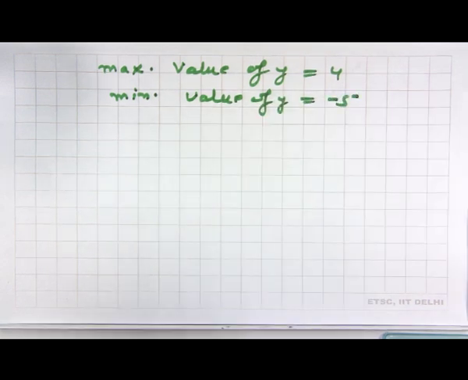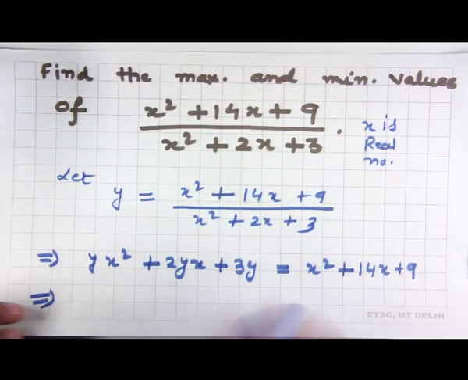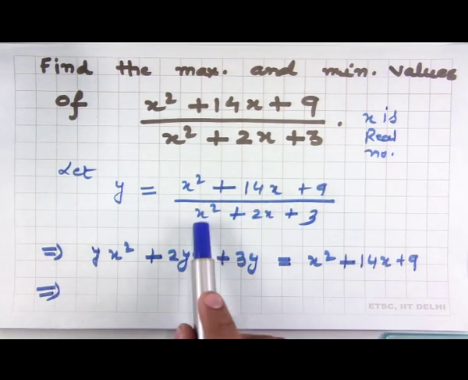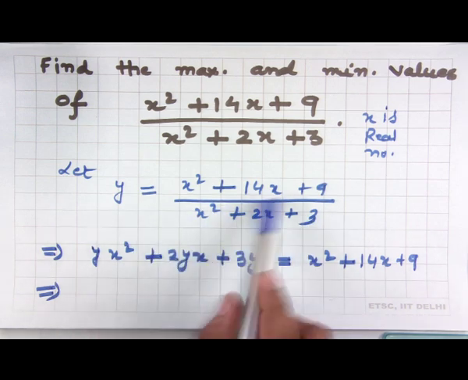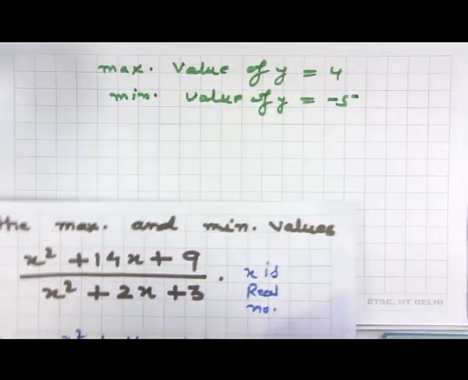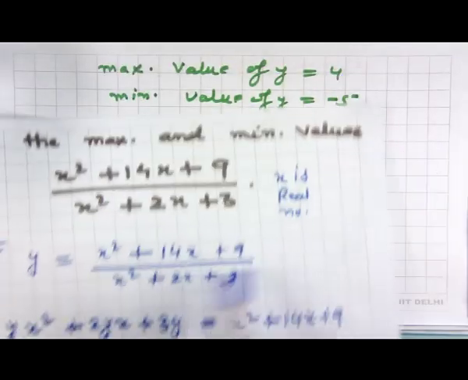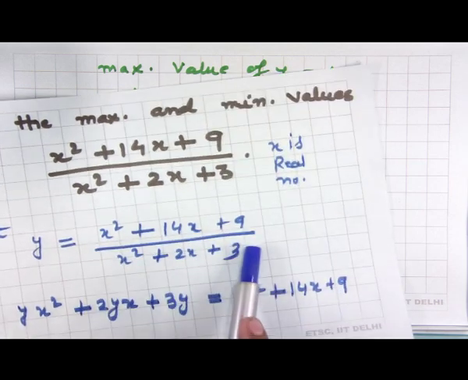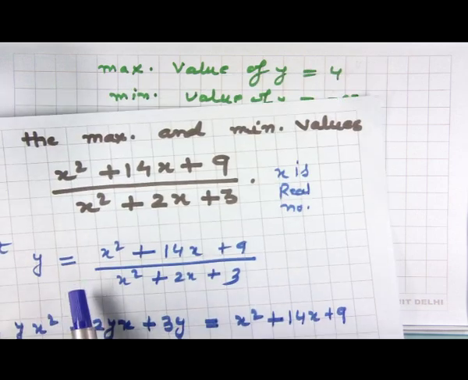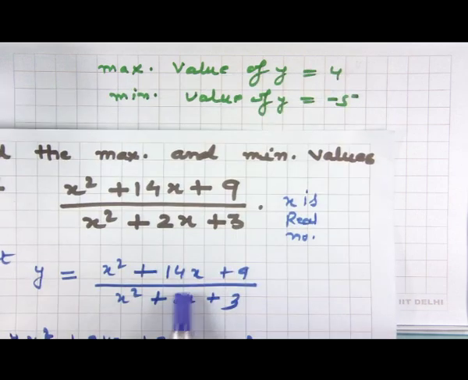Because we supposed y equals (x square plus 14x plus 9) over (x square plus 2x plus 3), and the maximum value of y is 4, the maximum value of this expression will be 4 and the minimum value of this expression will be minus 5.